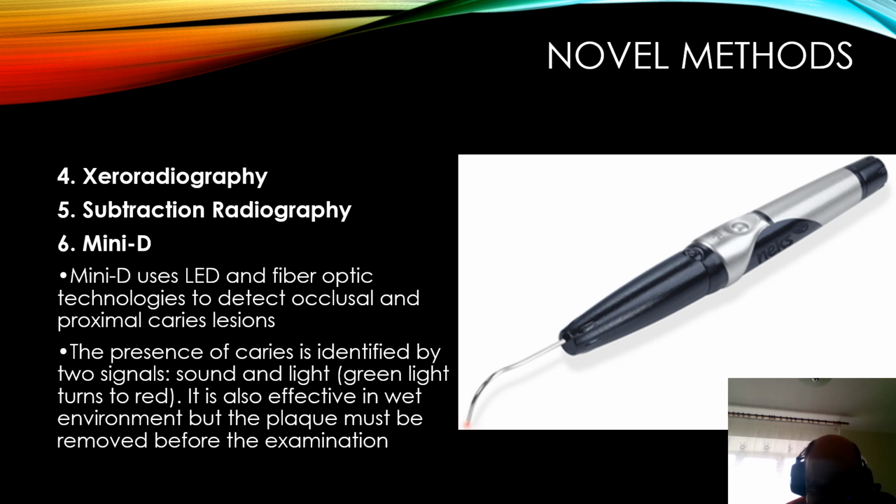The presence of caries is identified by two signals, sound and light. Green light turns to red. It is also effective in a wet environment. It is very important, but the plaque must be removed before the examination.